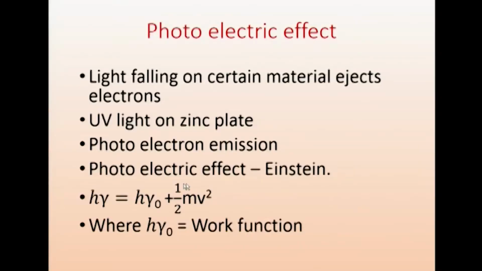The electron has to be removed from the material, then it comes out with some kinetic energy. So, this is the incident energy, this is the energy required to remove the electron, and this is the kinetic energy of the electron which comes out. So, h nu 0 is called the work function.